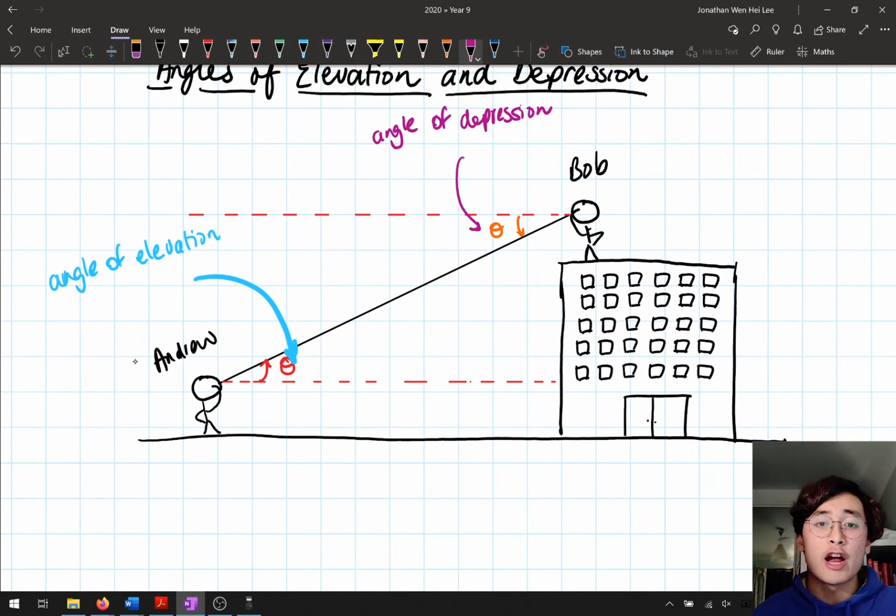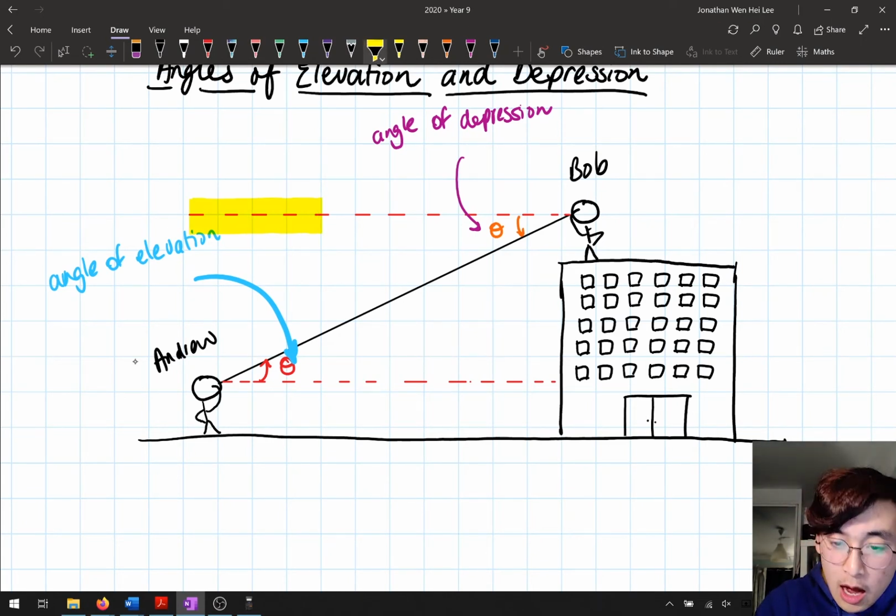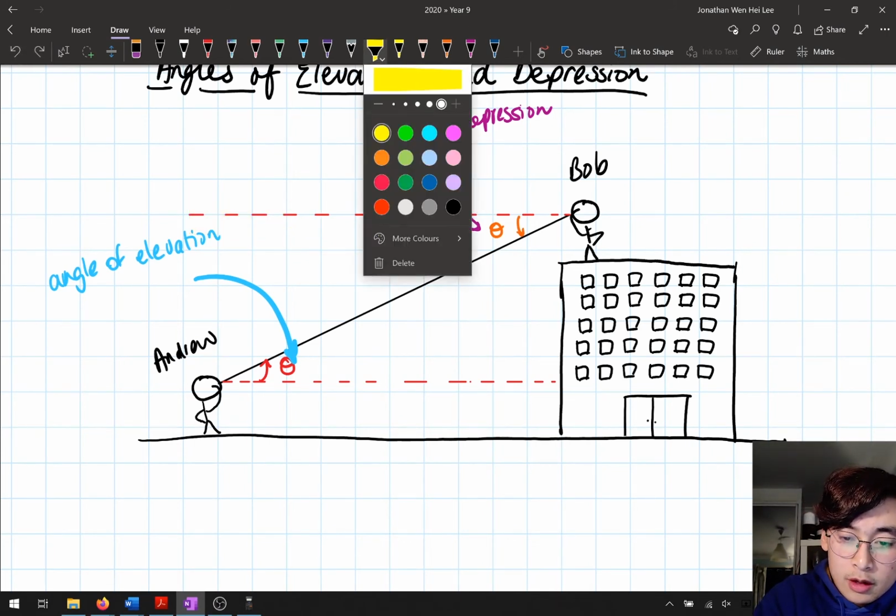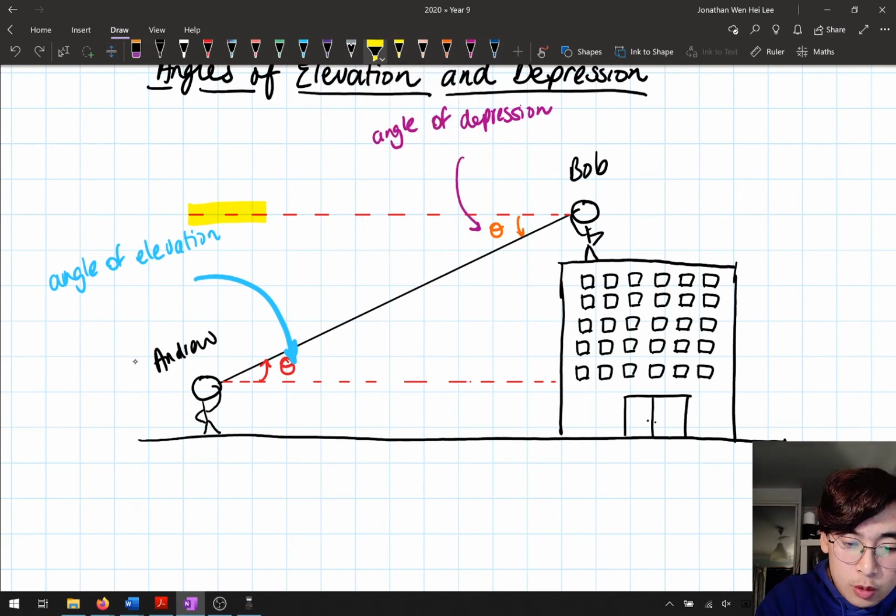Now, if you have a look at this diagram, these two angles actually have the same value, and there's a reason for that. If you remember from last year, at the beginning of the year, we looked at angle relationships. If you have a look here, let me just highlight this angle. The angle that we see here between Bob and Andrew makes a Z shape.